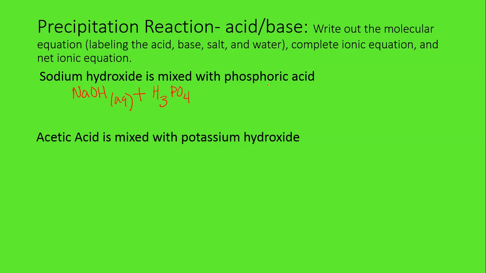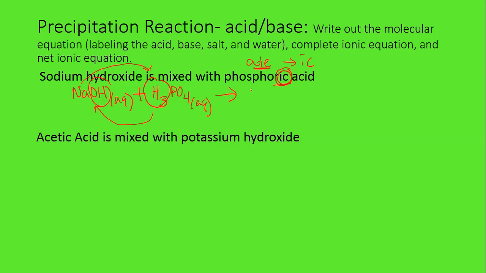Now remember, phosphoric, ic goes with ate, right? So if there's ic, then it's got to be an ate, so phosphate, so H3PO4. Alright, and it's reacting, right? Now, because it's an acid-base reaction, how do we know? Because of the hydroxide and the hydrogen. It's also double replacement, right? So we've got sodium and hydrogen switching places.